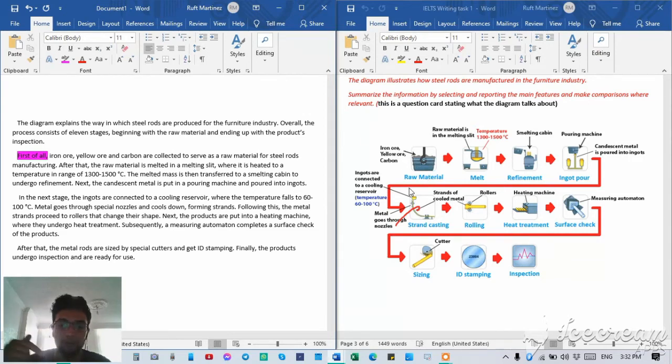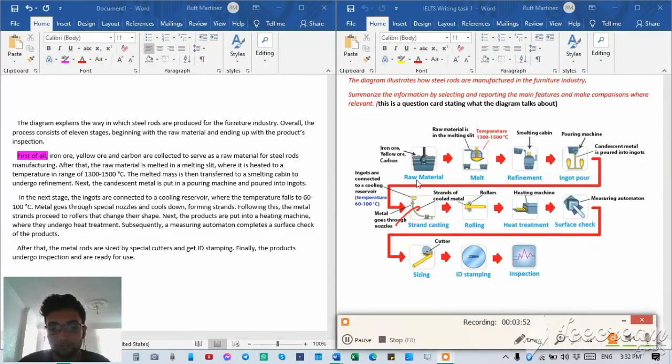You just have to put them in 1 sentence and describe them. To serve as a raw material means to play the role of a raw material for steel rods manufacturing. So this is the first stage, and we have put it into sentences.